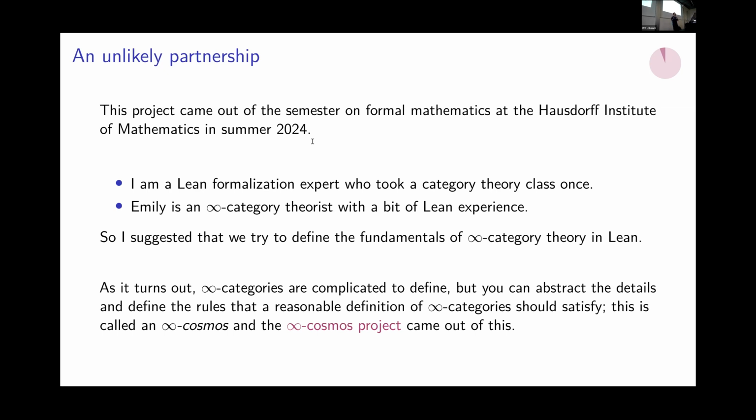I think of this as analogous to how you need to define what's a universal computation, and you have to make a decision about whether you're talking about partial recursive functions or Turing machines or something like that. And they're all kind of the same, but they all add their own mess. And so maybe you just define some kind of abstract thing that's sort of equivalent. And so the Infinity Cosmos project came out of this.